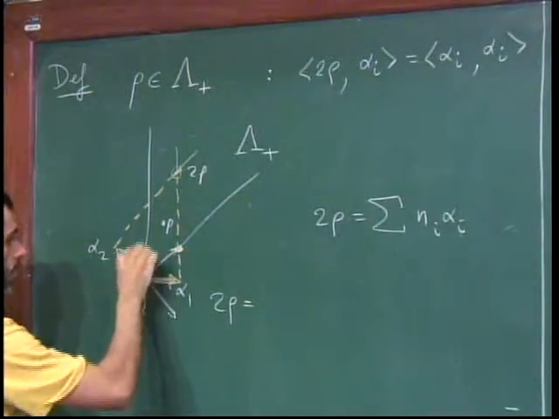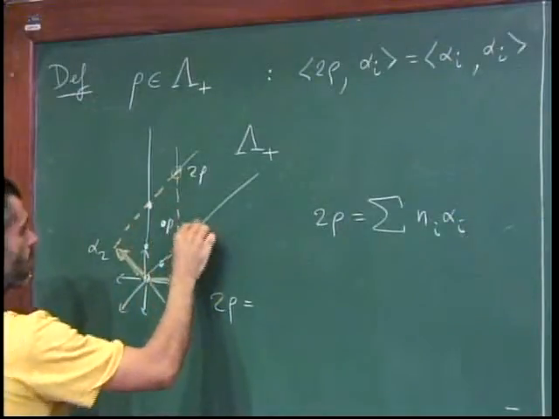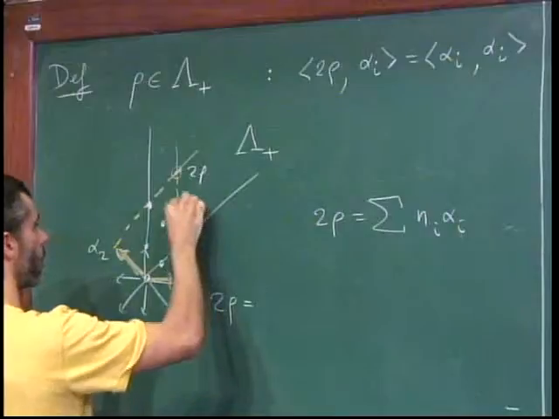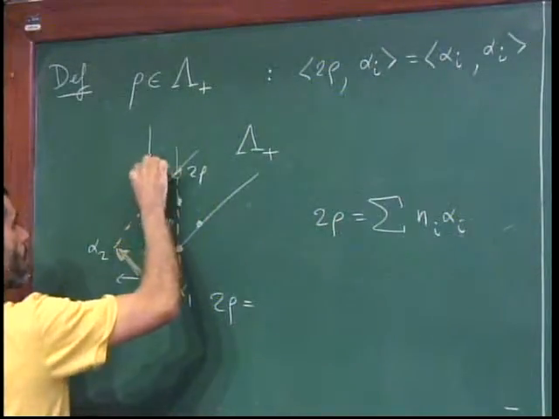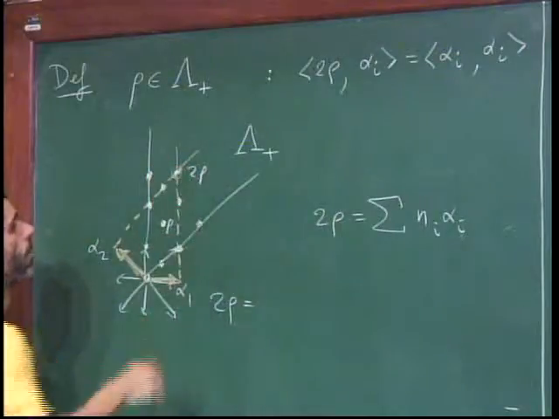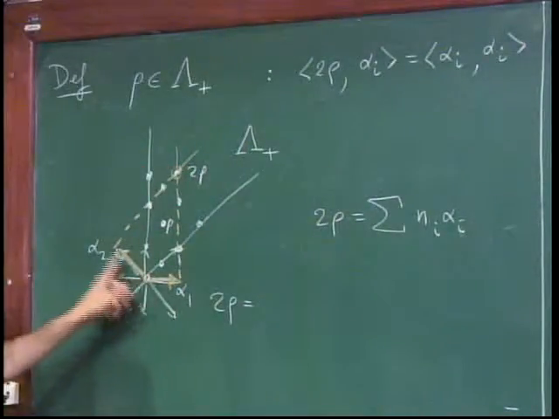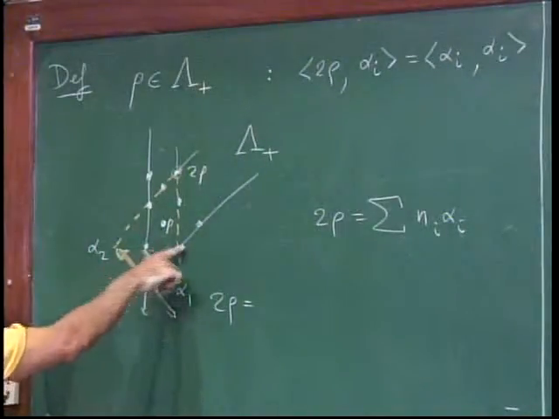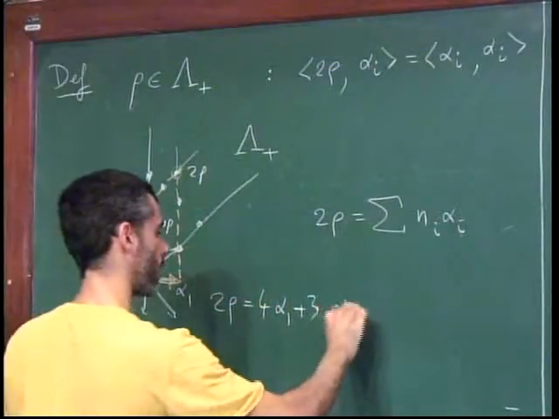Here's one weight, here's a weight, there's a weight, that's also a weight, here's a weight. Here it goes. So how do I write this one as a linear combination of this orange and that orange vector? Well, it turns out to be equal to 4 alpha 1 plus 3 alpha 2.